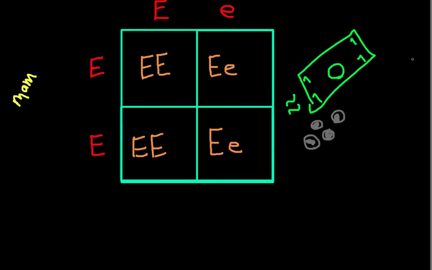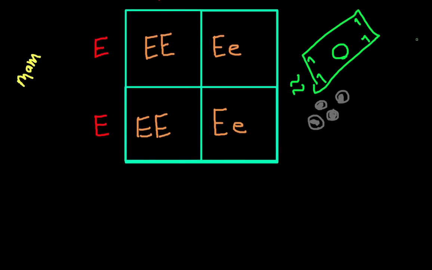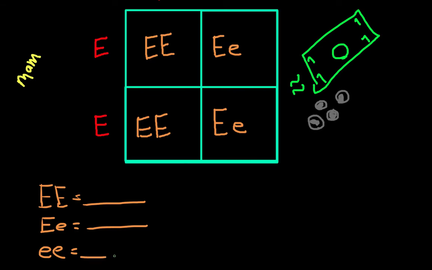When they ask about what percentage of homozygous dominant would turn out from this offspring? What percentage of heterozygous would turn out, and then what percentage of homozygous recessive will turn out.